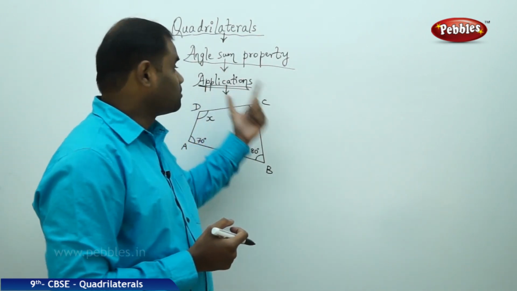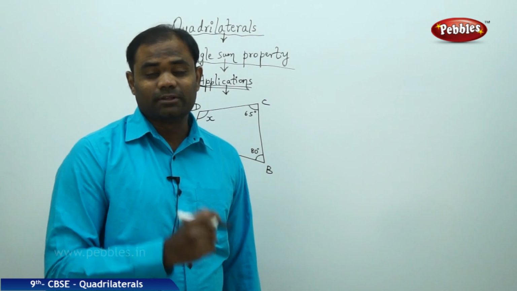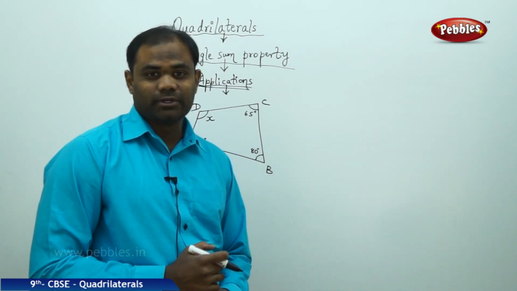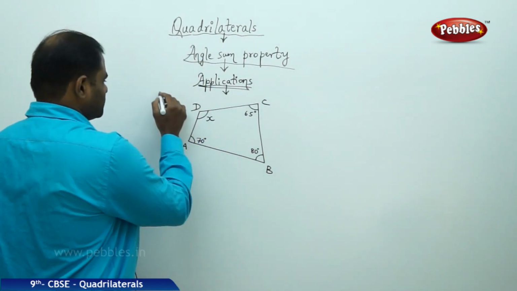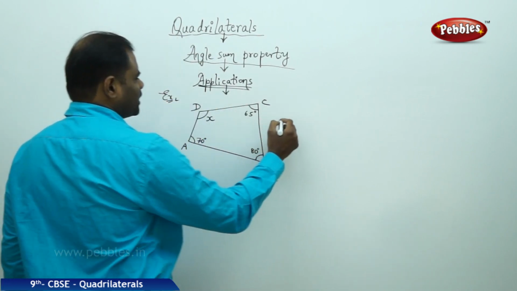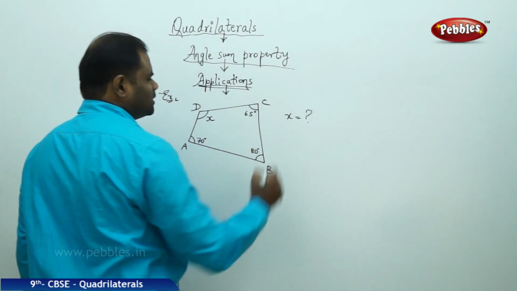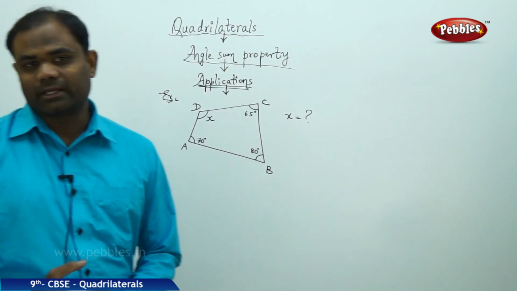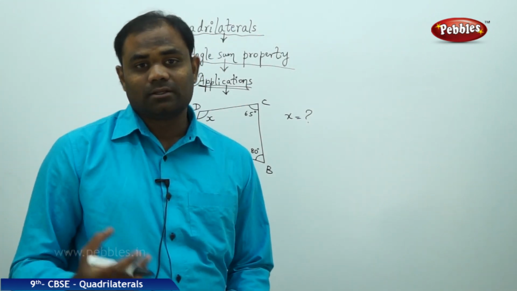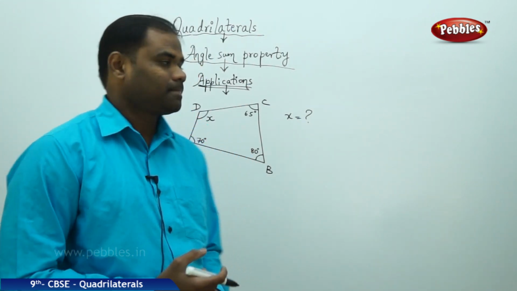Then my angle sum property is more significant in such situations. For this given problem where I need to find X, let's see how we can find X using angle sum property.